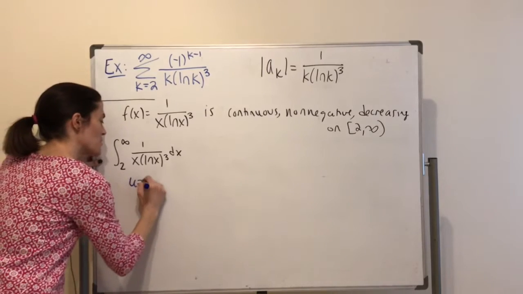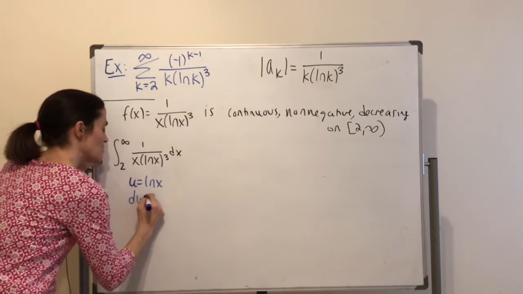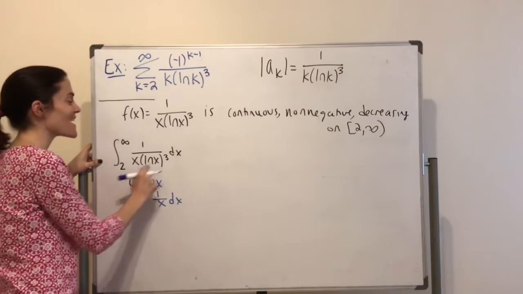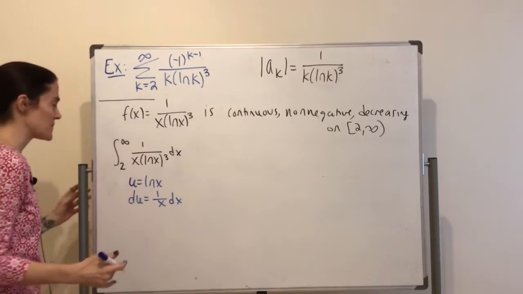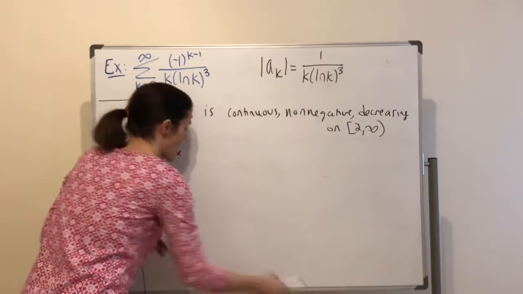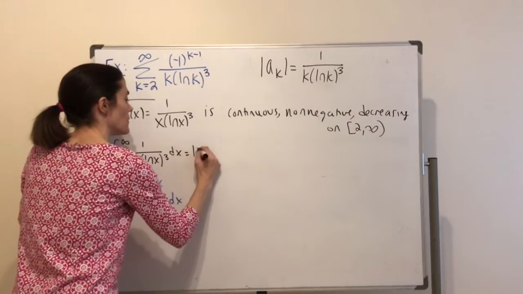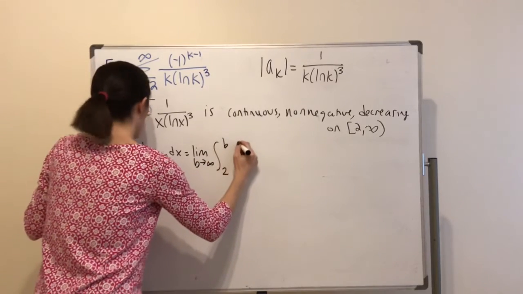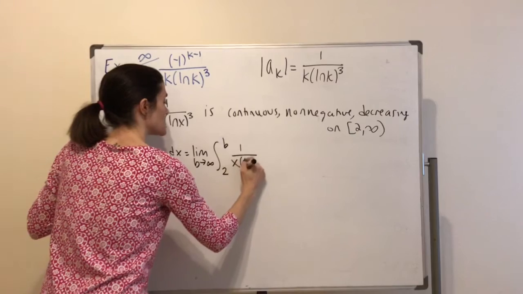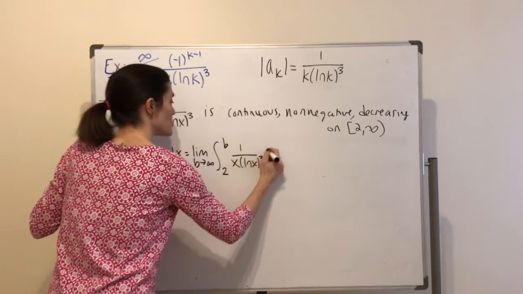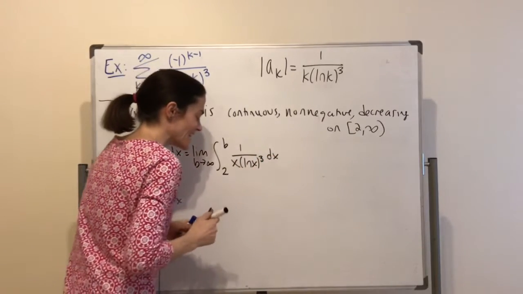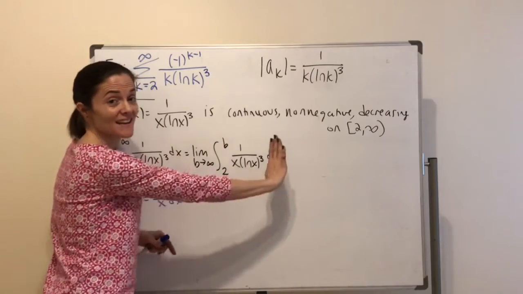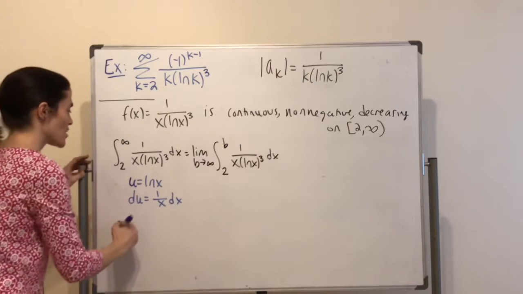Okay, we have u is ln x, du is 1 over x dx. We have exactly 1 over x dx in our integral. Then, oh, I need to write, this is a limit. As b goes to infinity, an integral from 2 to b of 1 over x (ln x) cubed dx. As I say, when we calculate improper integrals, it's a definite integral, then it's a limit. Let's change our bounds.